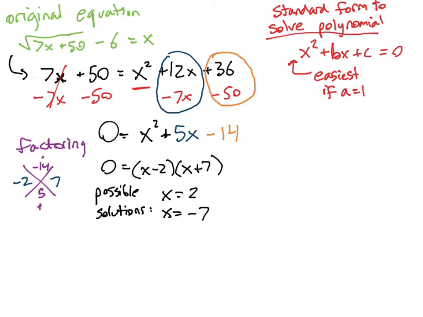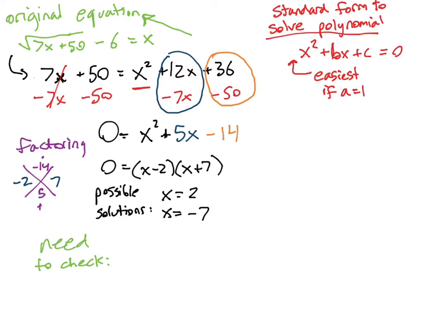But we weren't just solving a polynomial equation. The original equation that we were solving had a square root in it. And since we squared both sides as one of the steps in simplifying that equation, we need to check these answers by plugging them back into that original equation.